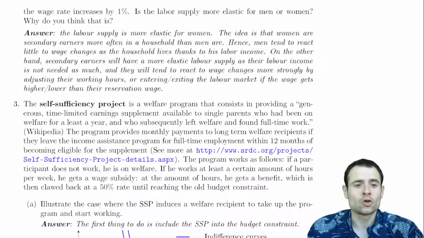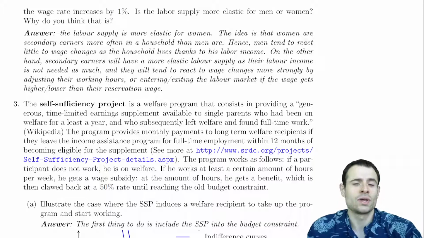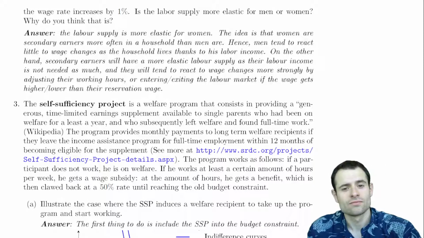So men tend to react little to wage changes as the household lives thanks to his labor income. On the other hand, a secondary earner will have a more elastic labor supply as their labor income is not needed as much.